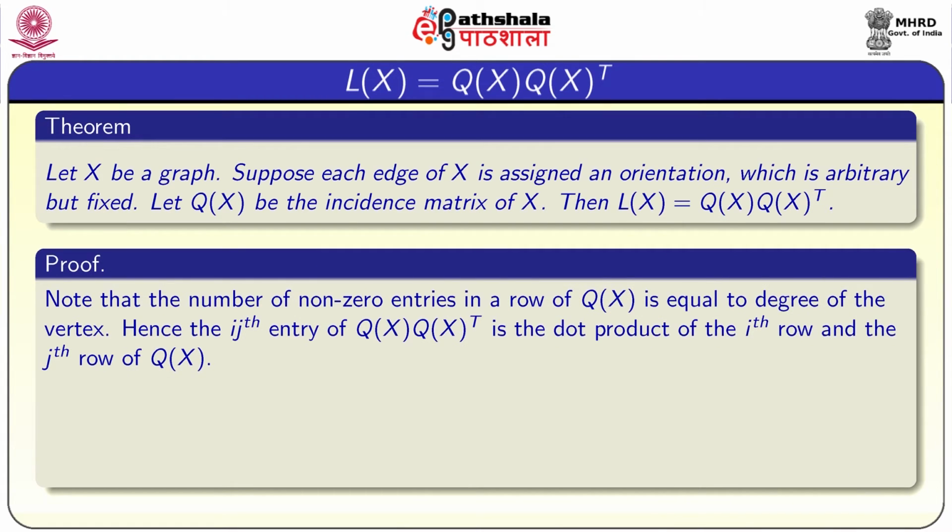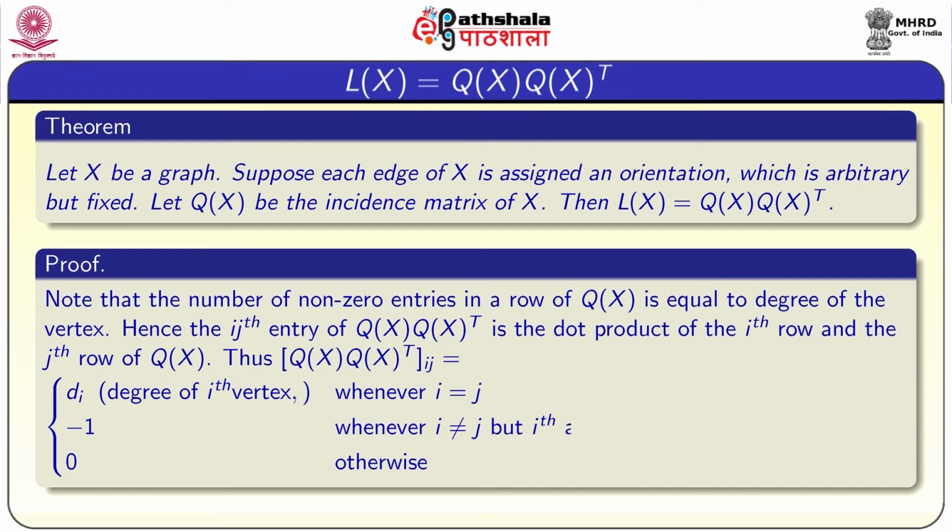Proof: note that the number of non-zero entries in a row of Q(X) is equal to the degree of the vertex. Hence, the ij-th entry of Q(X) times Q(X) transpose is the dot product of the i-th row and j-th column of Q(X). Thus, the ij-th entry of Q(X) Q(X) transpose is equal to d_i, that is the degree of the i-th vertex, whenever i is equal to j, minus 1 whenever i is not equal to j but the i-th and j-th vertices are adjacent, and 0 otherwise.